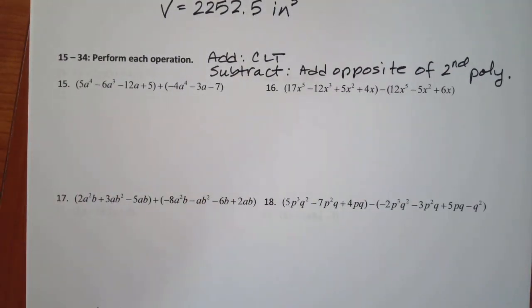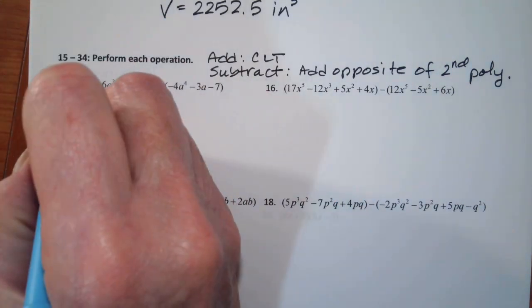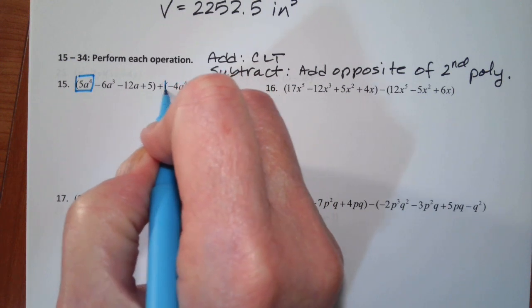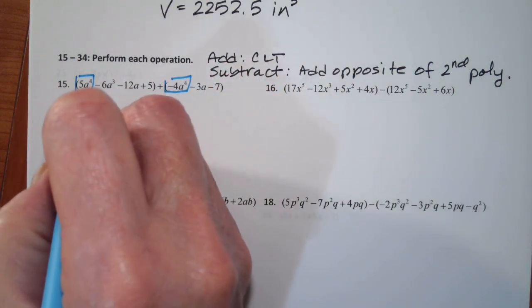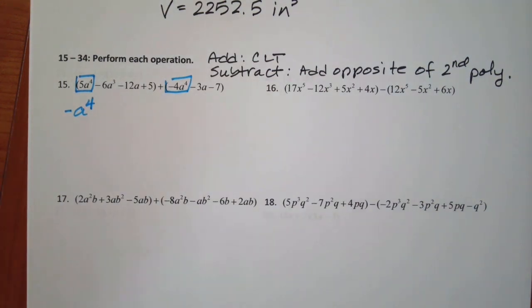Okay, so here we've got addition. So that means I can just combine like terms. So I'm going to find my like terms. That means I can just drop the parentheses. So I have 5a to the fourth and negative 4a to the fourth, which gives me negative a to the fourth. I'm sorry, that's positive. Excuse me.